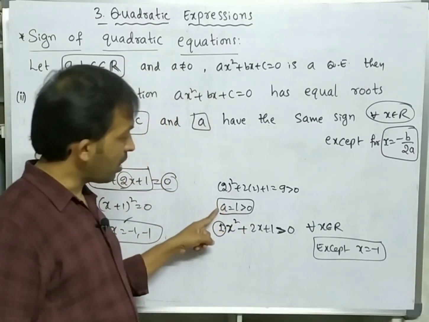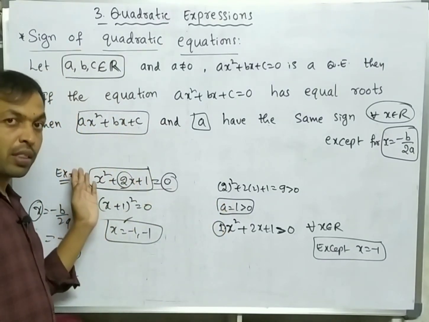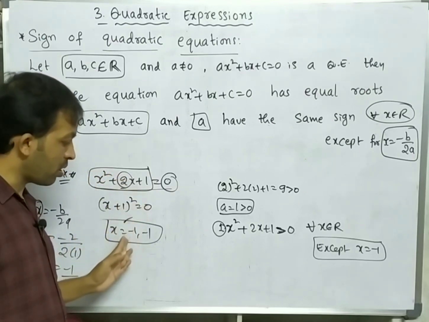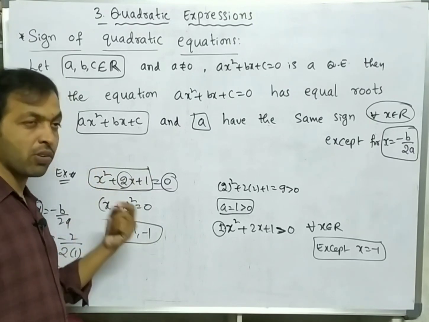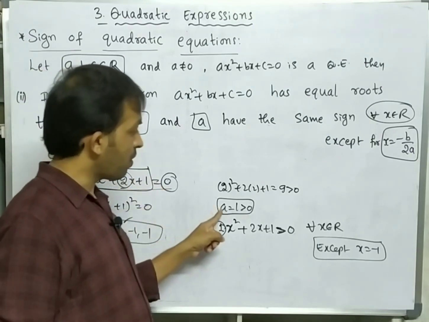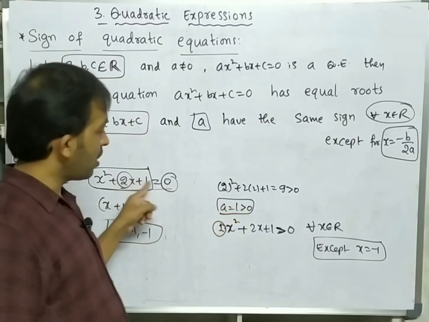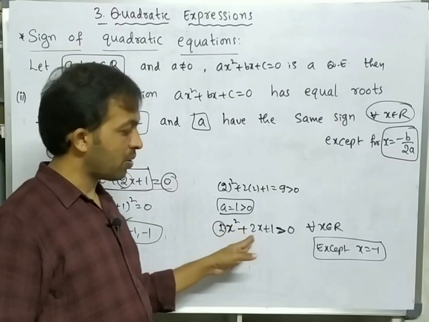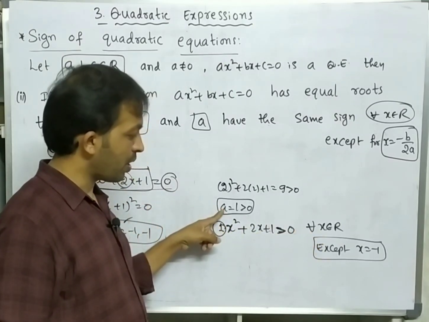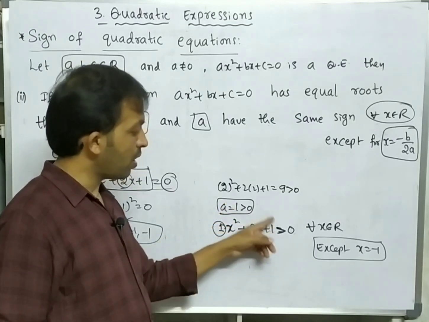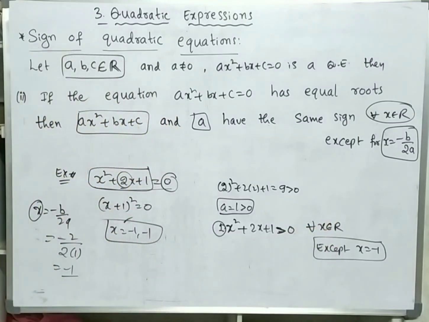If the value of a is negative, then for the quadratic expression whose roots are real and equal, the sign of that quadratic expression is also negative. If a, the coefficient of x square, is positive, then the quadratic expression is also positive for all real numbers. If the coefficient a is negative, then the value of the quadratic expression is also negative for all x belongs to R. Remember this.